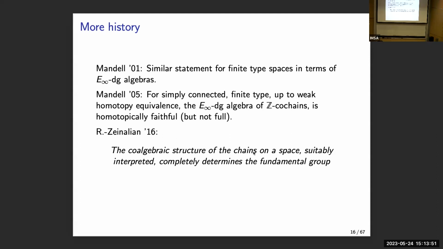It's that the coalgebraic structure of the chains on a space, suitably interpreted, and this is where all the technicalities are hidden in this phrase, completely determines the fundamental group of the space. I want to try to convince you of this and use it in constructing algebraic models for spaces up to a specified notion of equivalence.